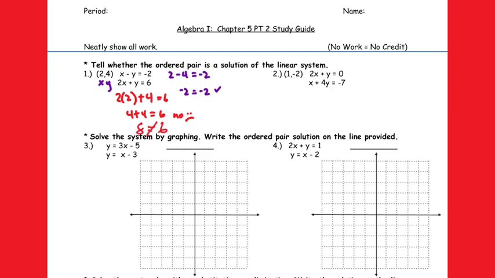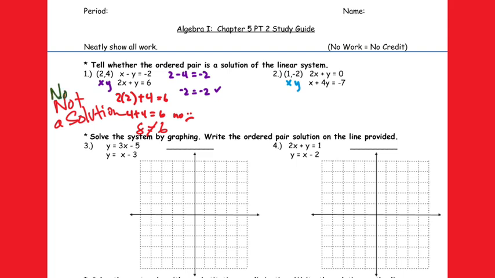Therefore, it's not a solution. And if it's not a solution for both of them, then it's not a solution. Right? Because we're looking for a system that has a solution, and a system means it has to work for both.